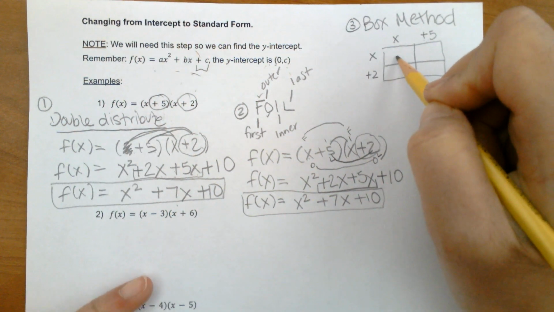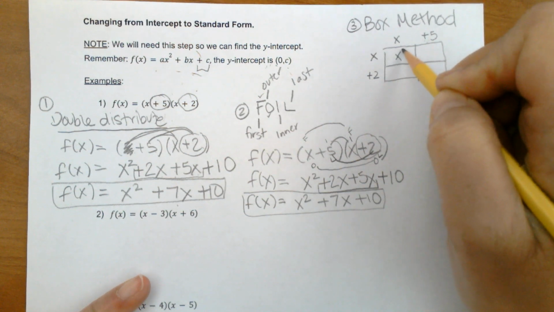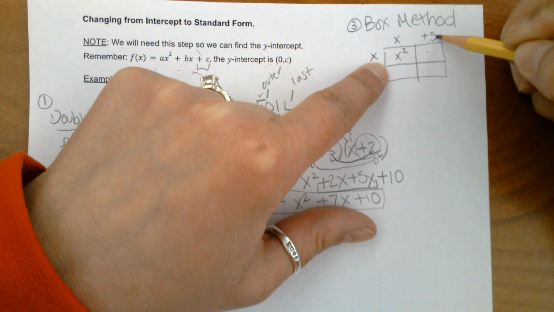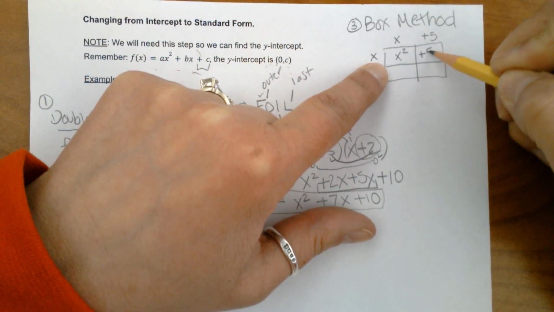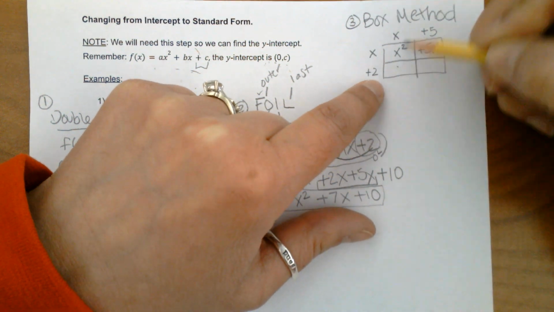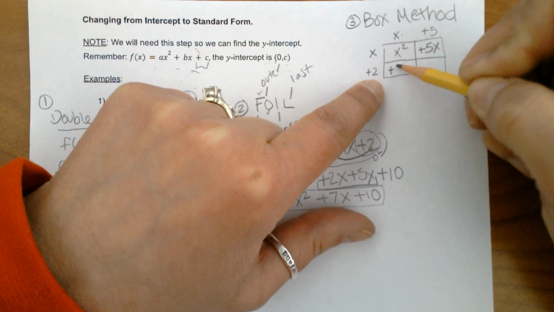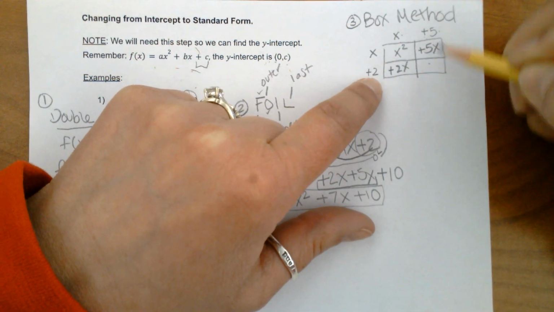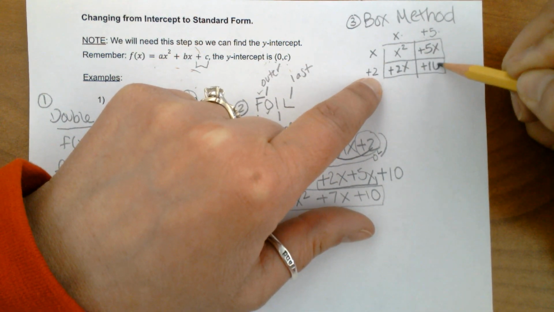So for this box, we have to multiply these two, x squared. For this box, we have to multiply x and positive 5. Positive 5x. Write the sign down. For this box, we have to multiply the x and the positive 2. Positive 2x. And for this box, we have to multiply these two. Positive 10.